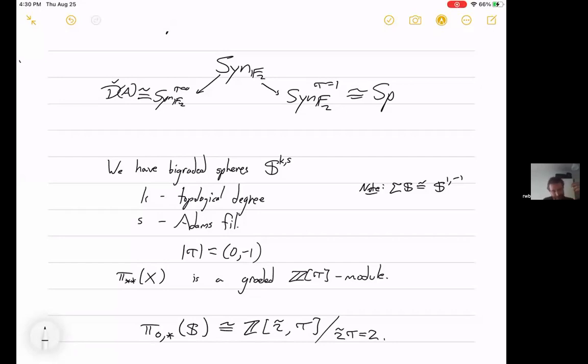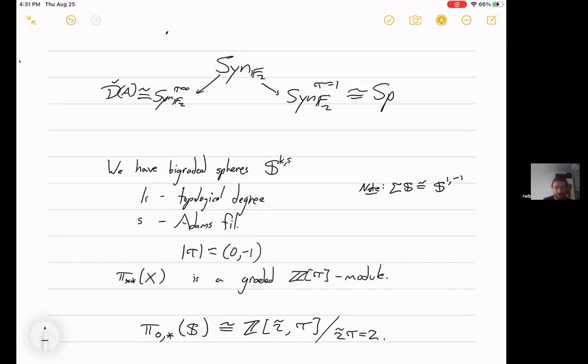If I have a class, 2 tilde in degree (0,1), what is that recording? That says that I have a witness to 2, 1 plus 1, having Adams filtration at least 1. If it was divisible by tau again, it would have Adams filtration at least 2, but 2 tilde is witnessing that 2 has Adams filtration at least 1. When I multiply 2 tilde by tau, I'm forgetting one amount of how much Adams filtration it has.